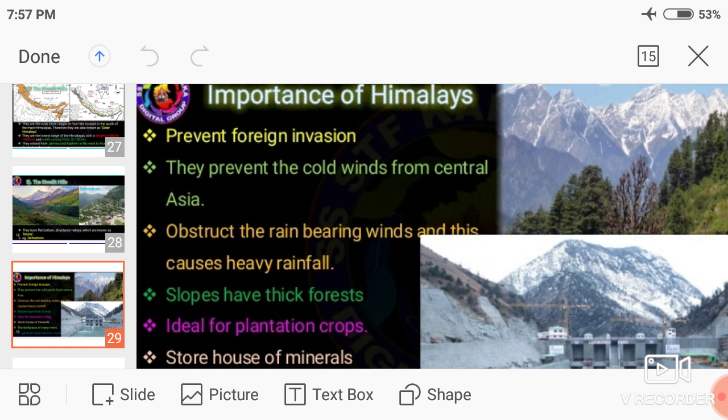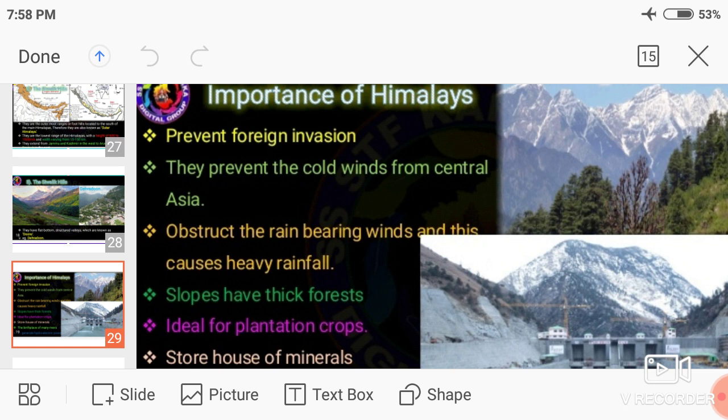Next, the slopes have thick forest and are ideal for plantation crops. The area is forest covered, and plantation crops can easily be cultivated.